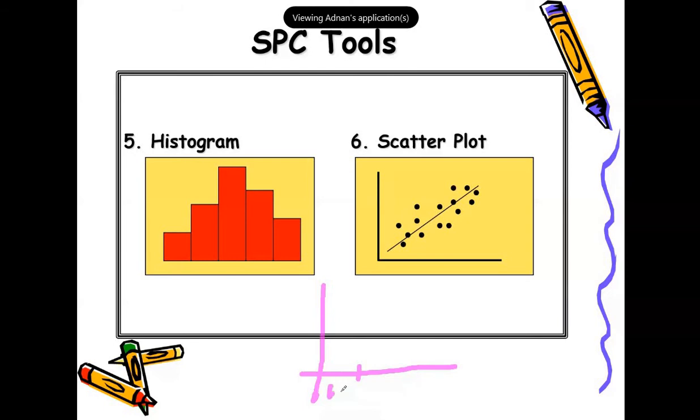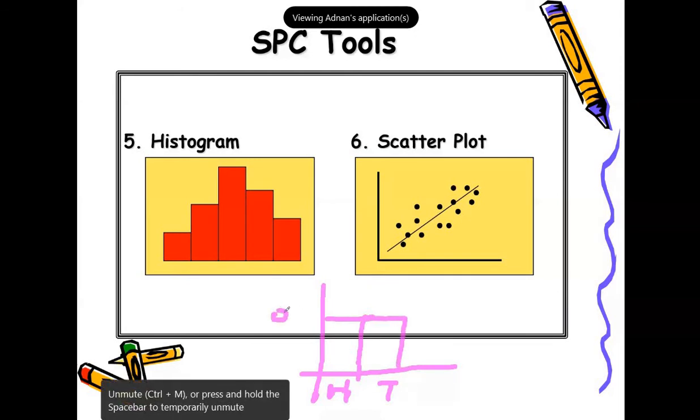You're going to have a head, or you're going to have a tail, or you can put it as 1 and 2. The chance of getting head is 1/2, so 0.5, or 50%. 50% of having head and 50% having tail, because there are only 2 chances.